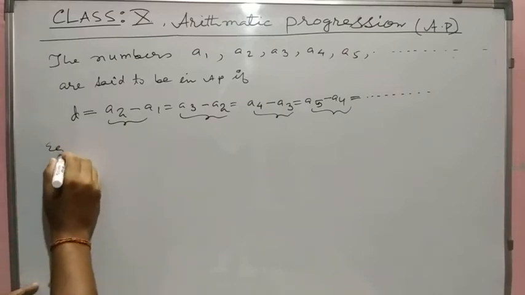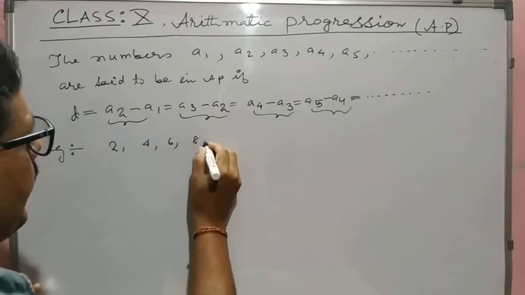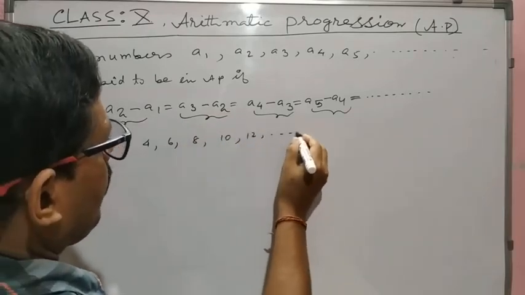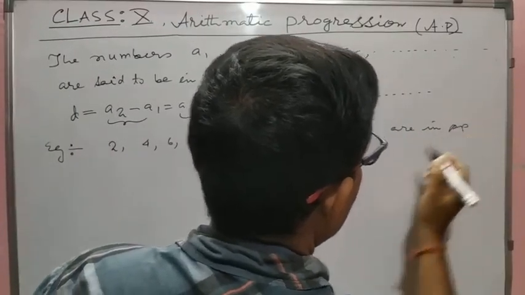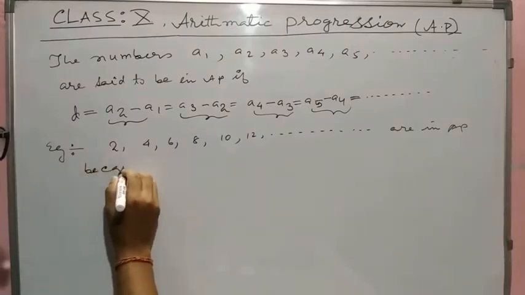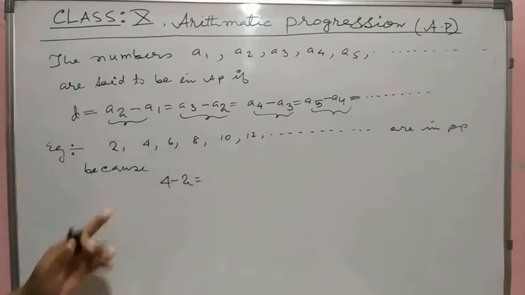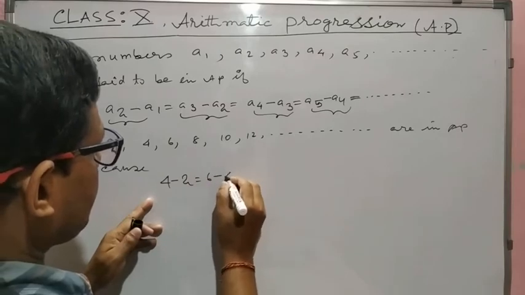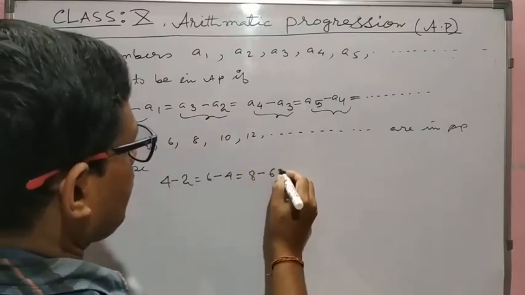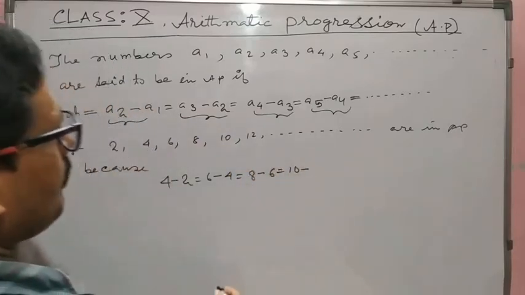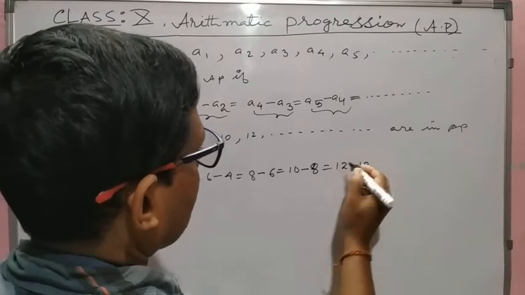Let us see the earlier example: 2, 4, 6, 8, 10, 12, and so on are in AP because second term minus first term should be equal to third term minus second term, equal to fourth term minus third term, equal to fifth term minus fourth term, equal to sixth term minus fifth term.